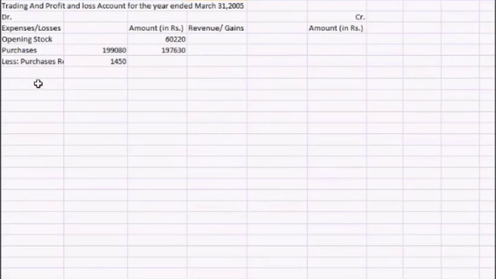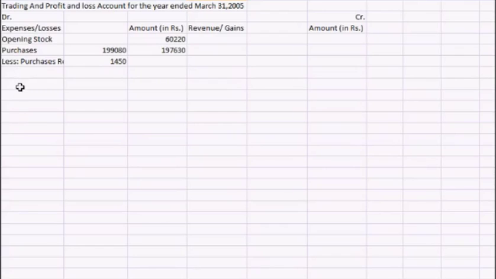So we have to understand here that we have the trading part and the profit and loss account part. In the trading part, we have to incorporate only the direct expenses, and in profit and loss account we have to incorporate the indirect expenses. So we'll incorporate discount allowed in profit and loss account.